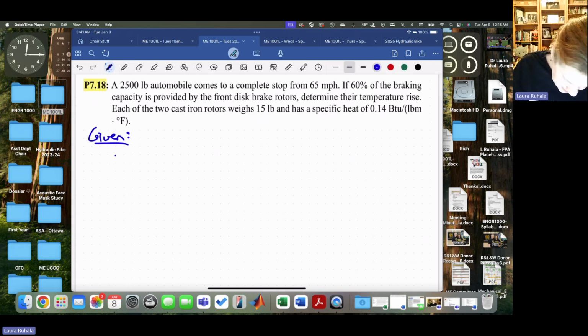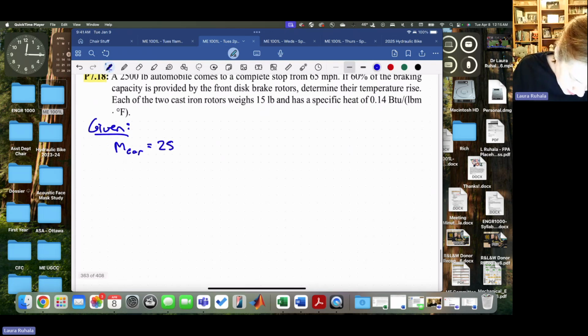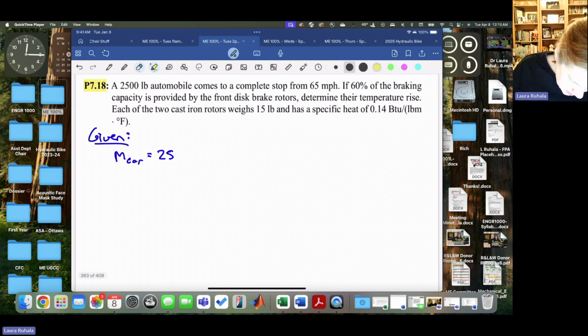we've got the mass of the car is equal to 25... No, that's not the mass. Sorry, that's the weight of the car. Okay.